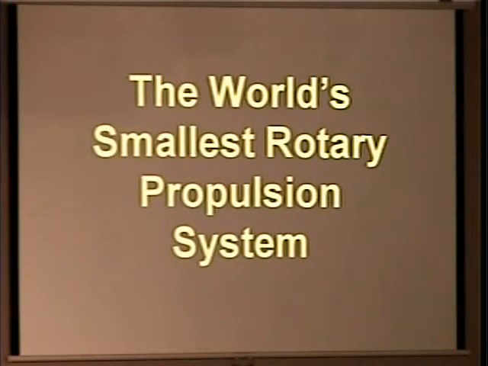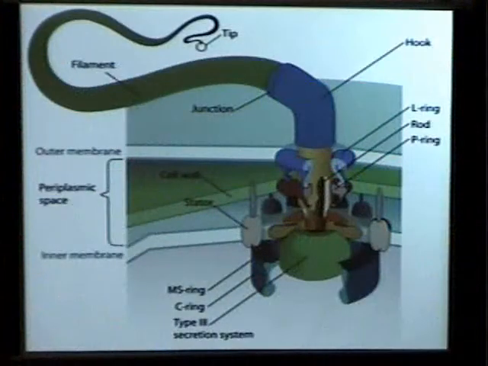It's the smallest rotary propulsion motor that we know of, and it has all of the components of a rotary motor. It has the rotor and the stator. It has a U-joint. This machinery here is embedded within the cell membrane of a bacteria, and it kind of looks like this.